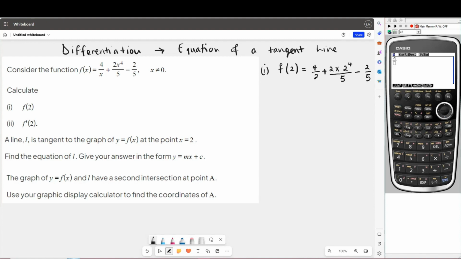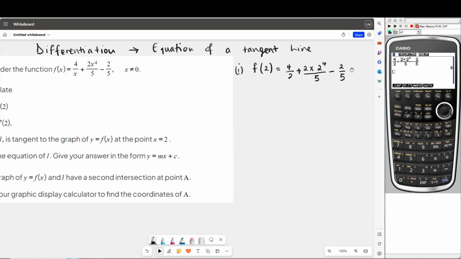So it's 4 over 2 plus 2 times 2 to the power of 4 over 5 minus 2 over 5. And the answer is 8. So the value of your function at 2 is 8.